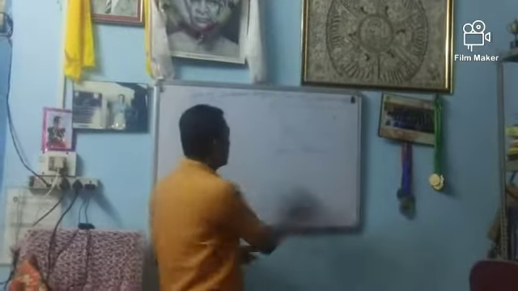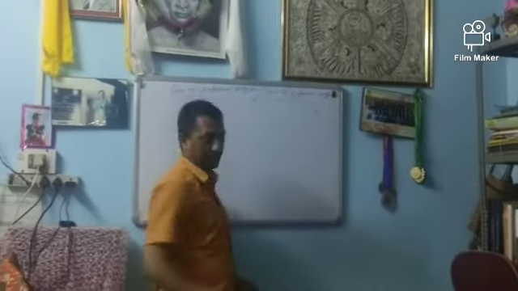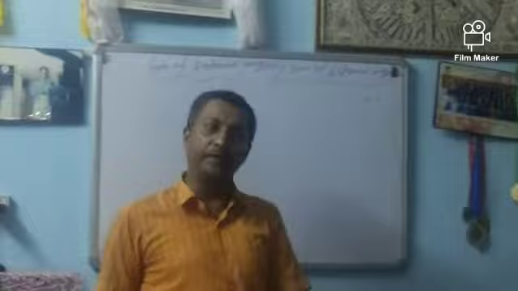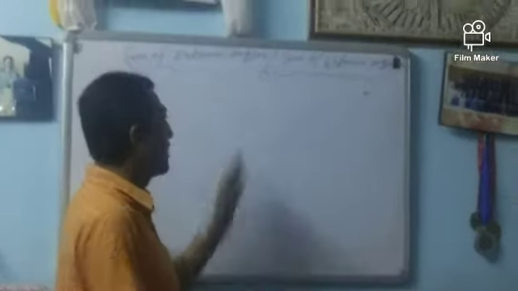Now we talk about applications of triangles. We can solve any numerical sum based on this. Suppose there is a triangle with angle A and angle B, where one value is 40 degrees and the other is 70 degrees.